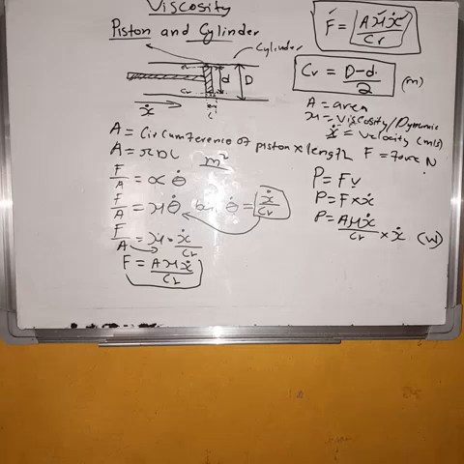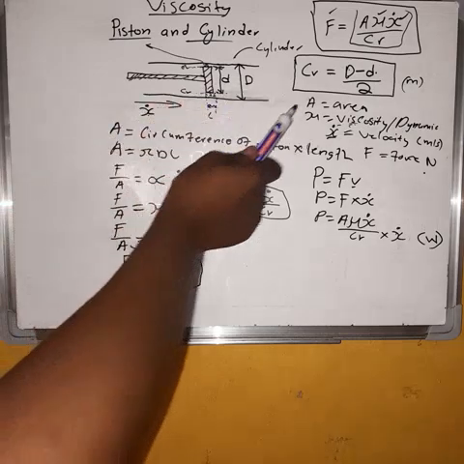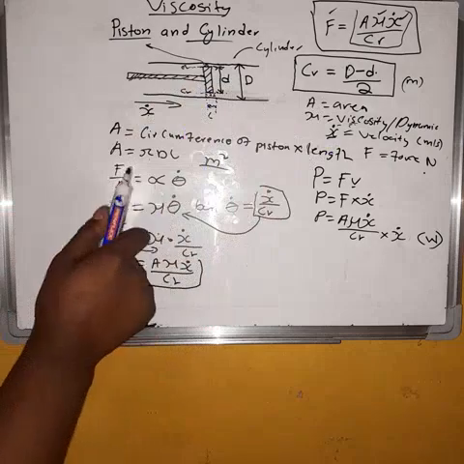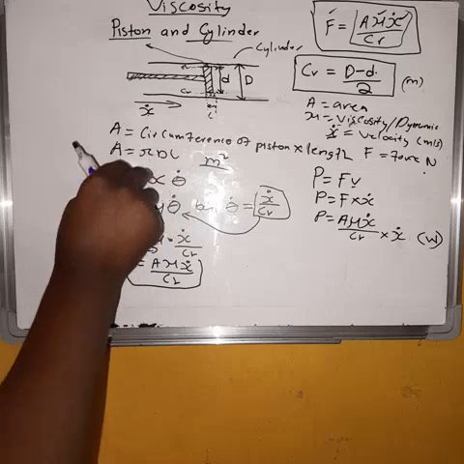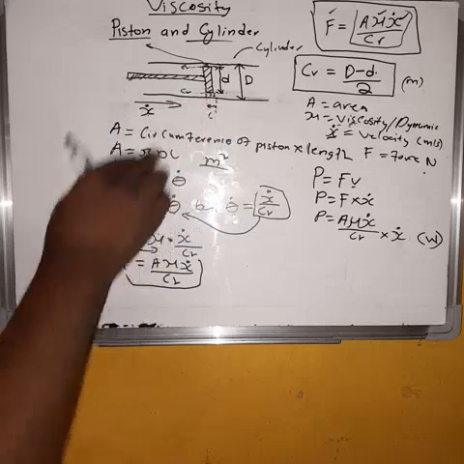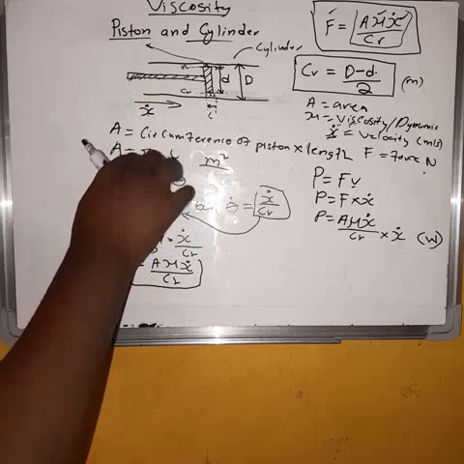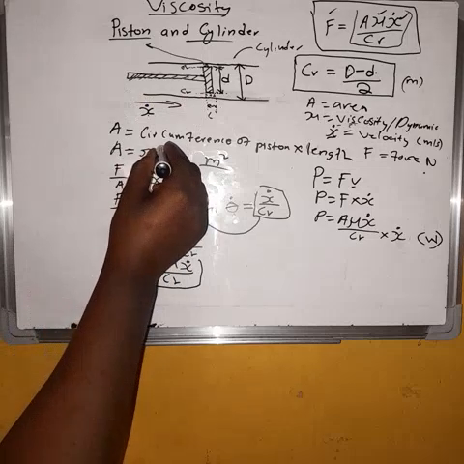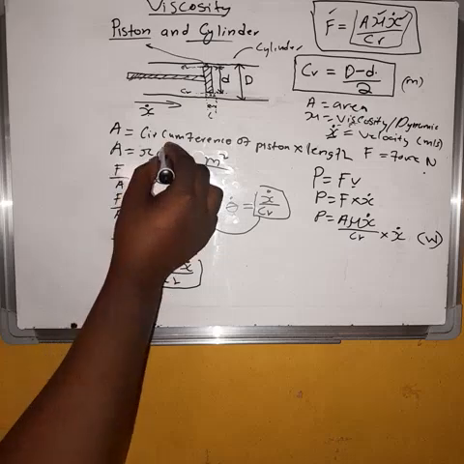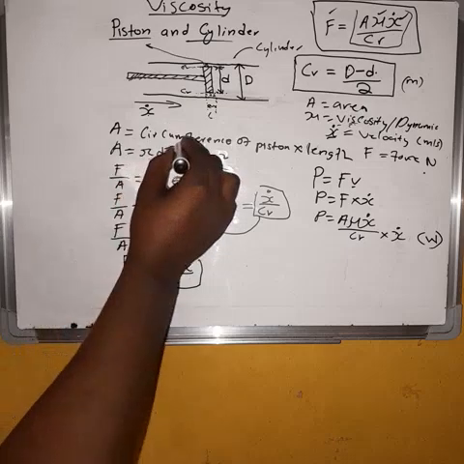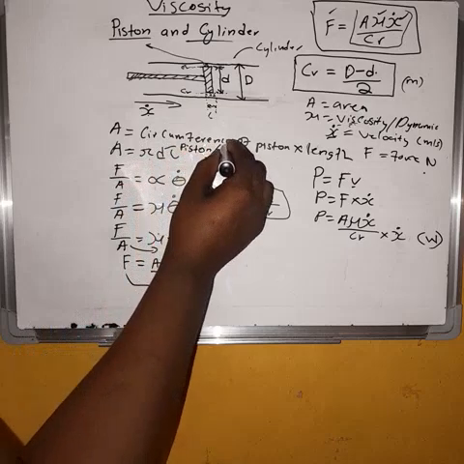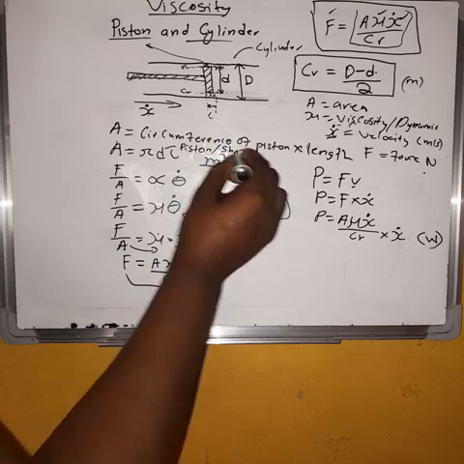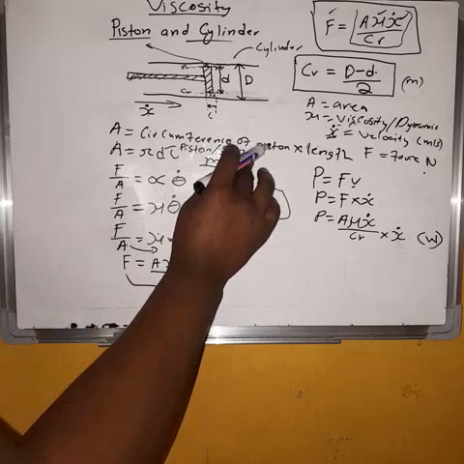When you are using area, let me write a small d, not the big one. This is d of the piston. It must be the diameter of the piston, or of a shaft if you're given only a shaft.